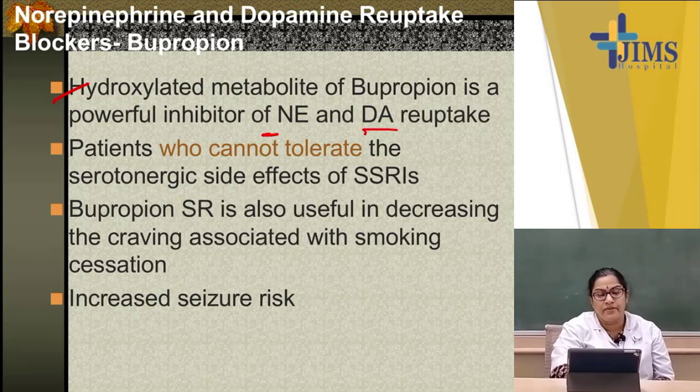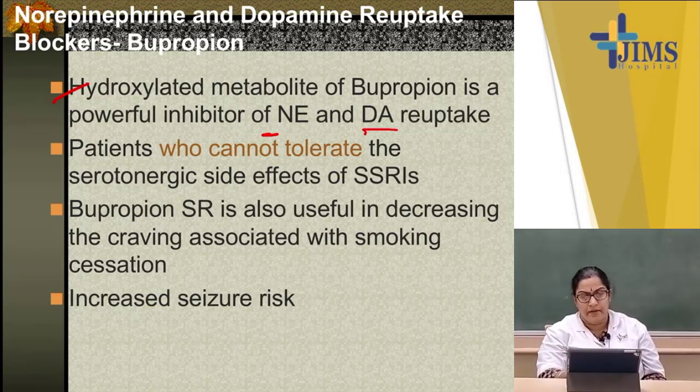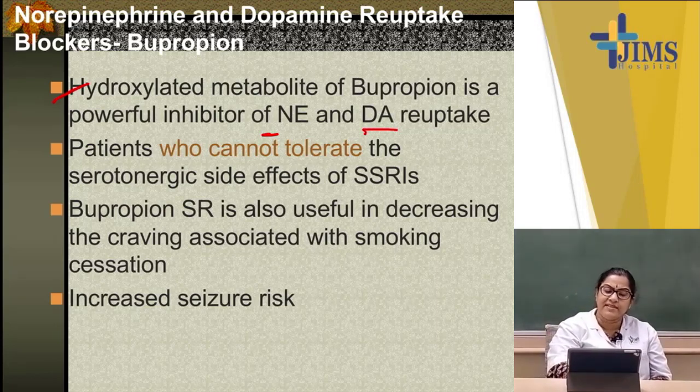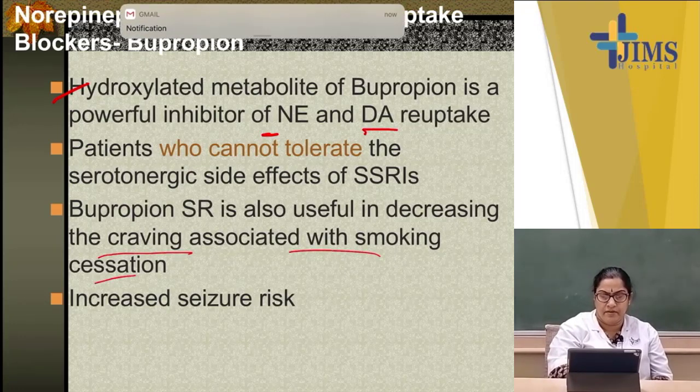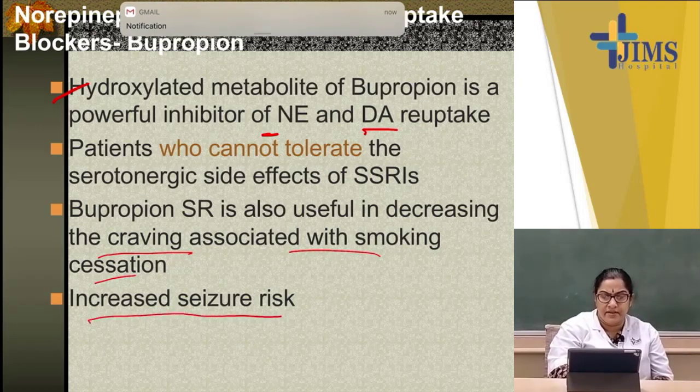Patients who cannot tolerate the serotonergic side effects of SSRIs can be recommended bupropion. Bupropion sustained release is also useful in decreasing the craving associated with smoking cessation. And the last point is there is an increased seizure risk.